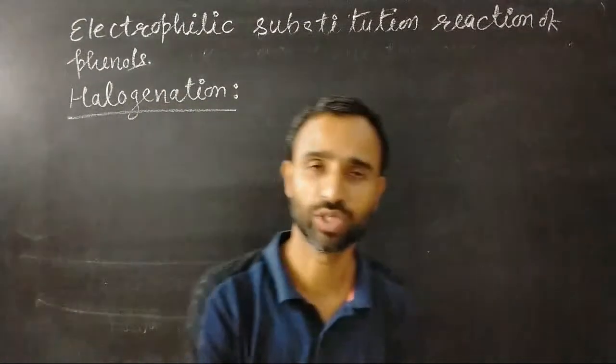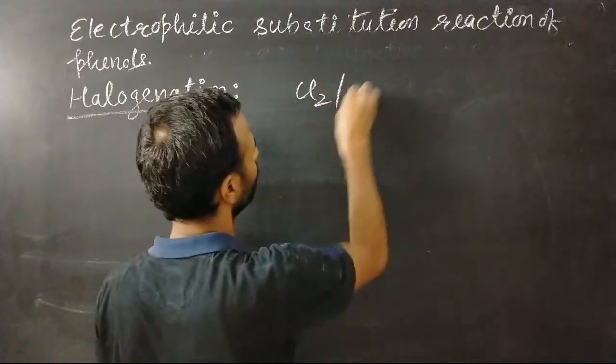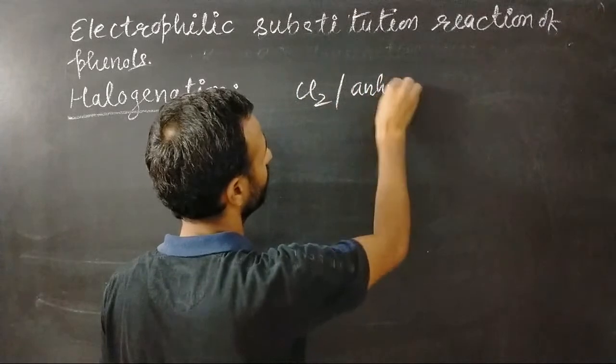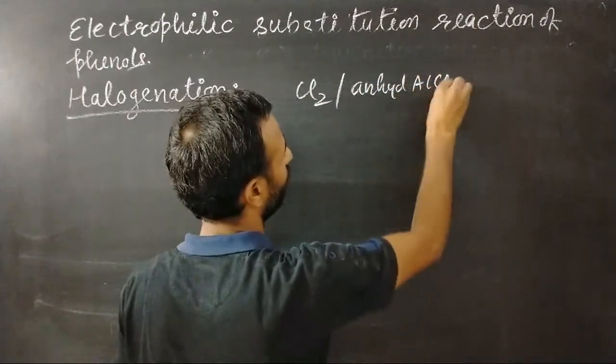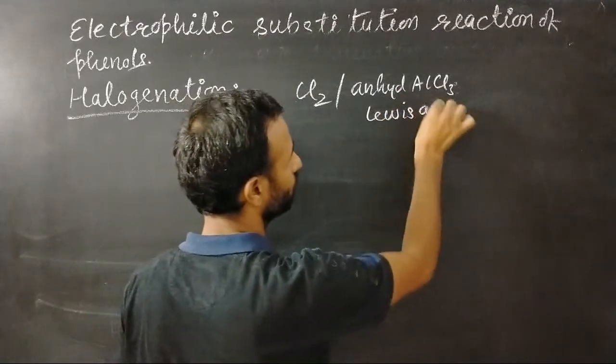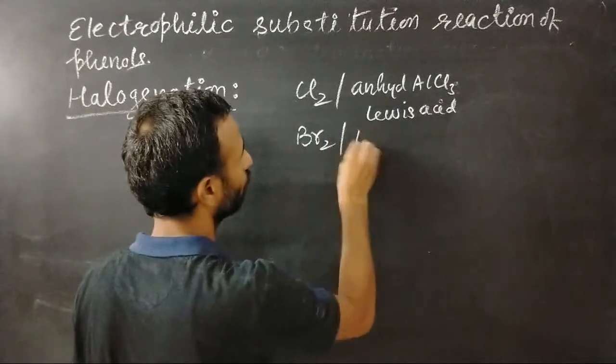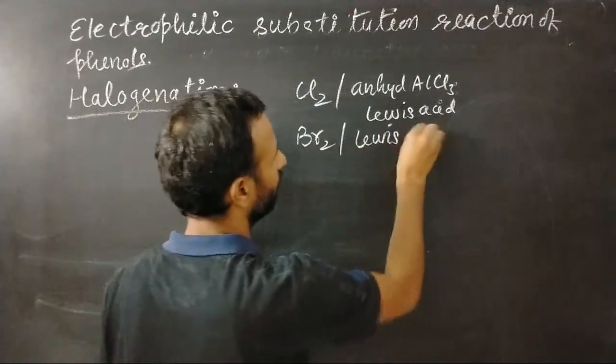In case of halogenation, in most cases when chlorination takes place, we use anhydrous AlCl3 or FeCl3, means one of the Lewis acids, along with the halogen. Same with bromine, along with a Lewis acid.